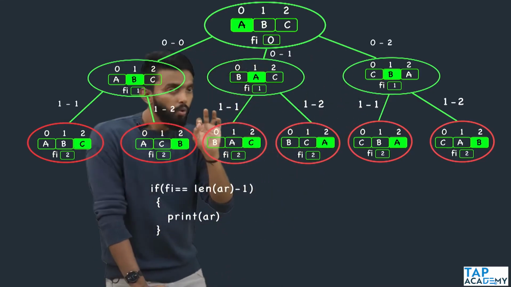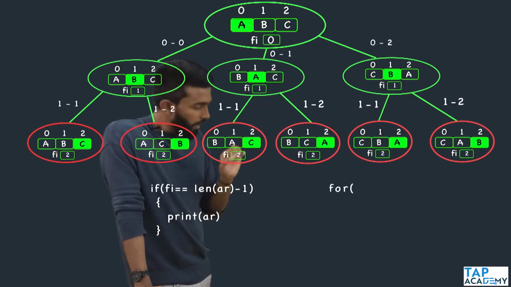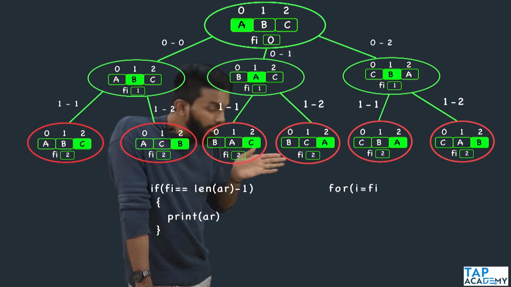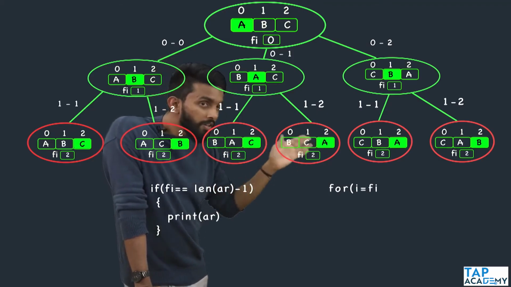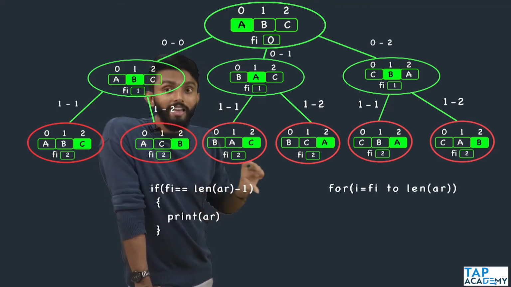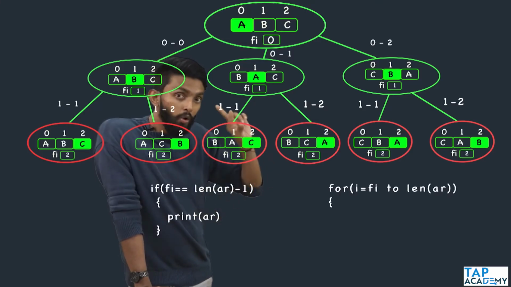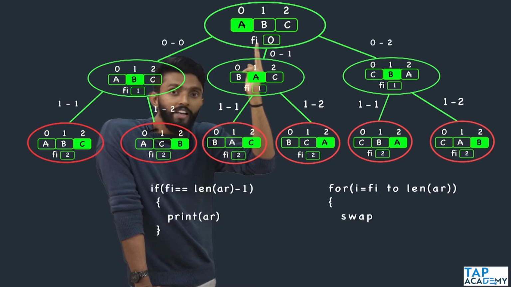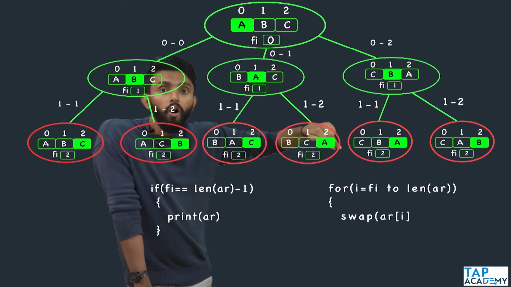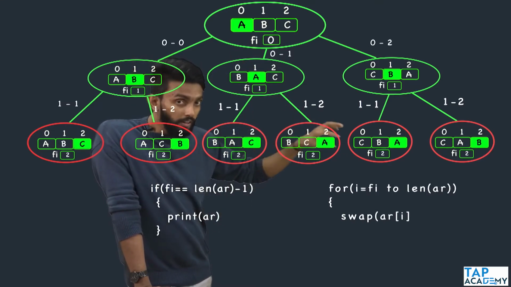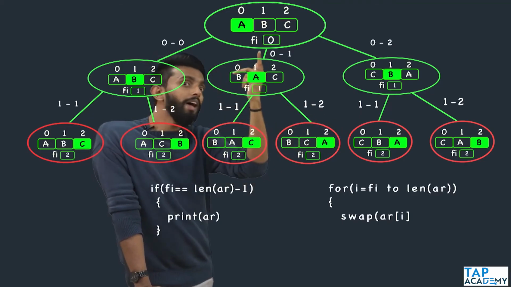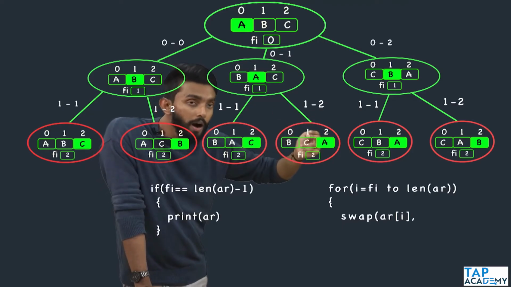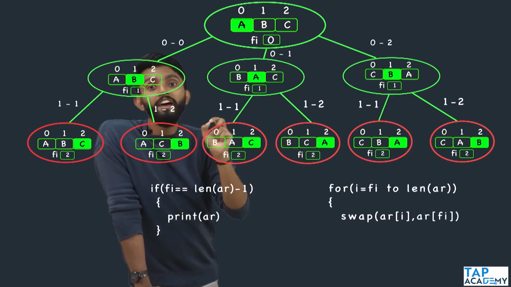So how can you write this as code? Can I write it like this? For I value starting from the fixed index, till the end of the array, which means till the length of the array it has to go. Inside that, what are you doing? You are swapping. Swapping the fixed index value with the element, array of I, comma, array of Fi.